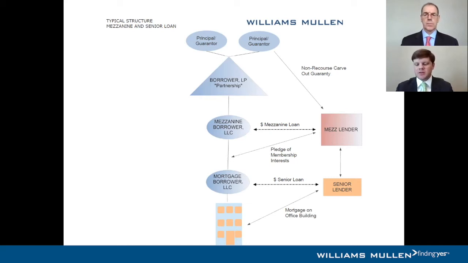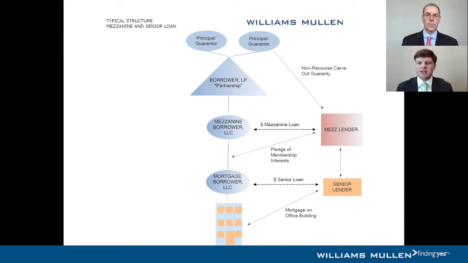Mezzanine loan agreements also contain protections for the mezzanine lender in the form of various provisions relating to the mortgaged property, which typically track the senior loan. In fact, in many cases, the mezzanine loan agreement is based on the form of the senior loan agreement, since the mezzanine lender typically wants many of the same protections and rights to information as are given to the senior lender.